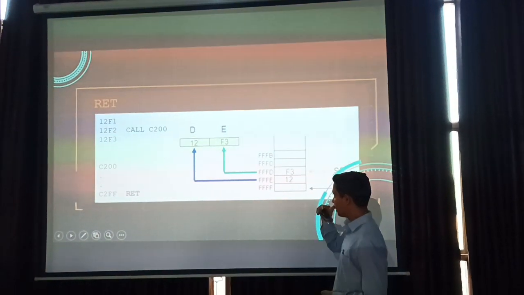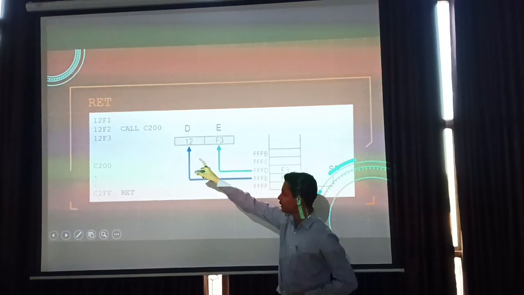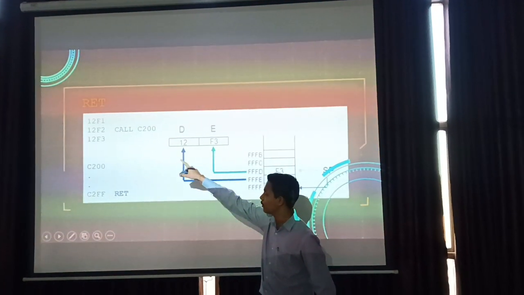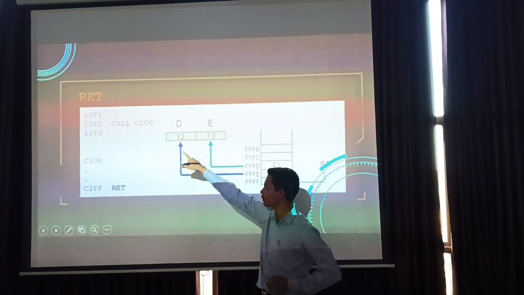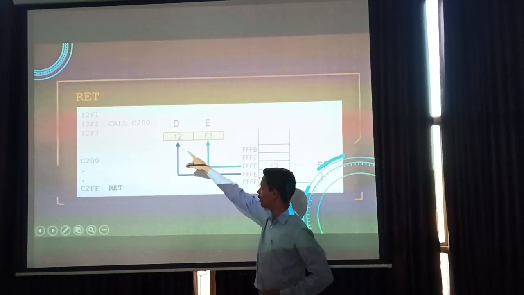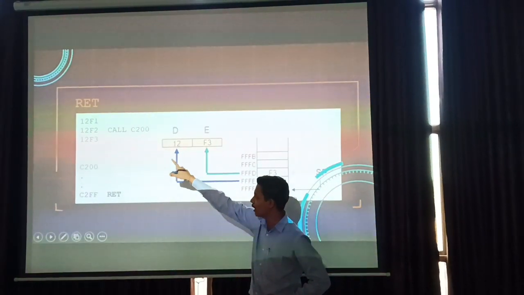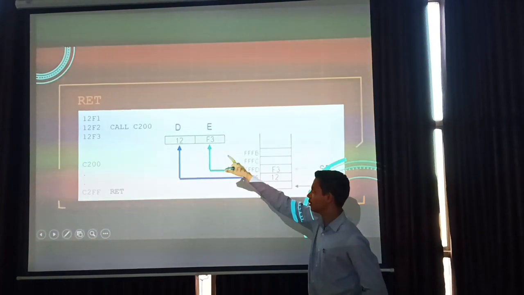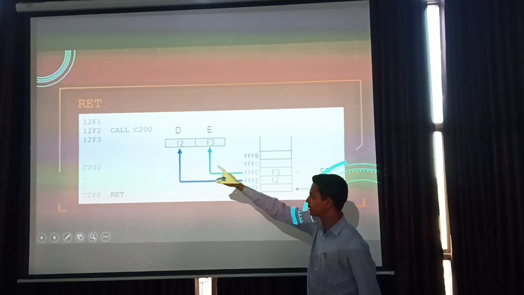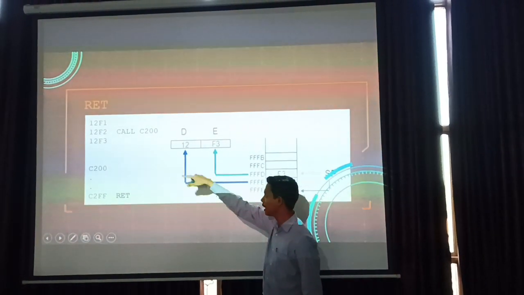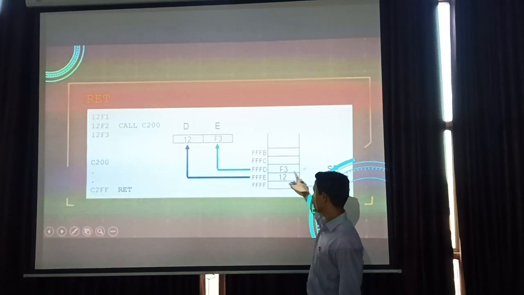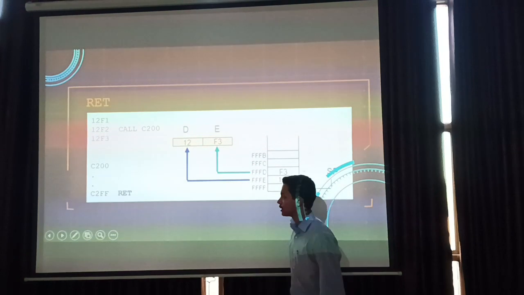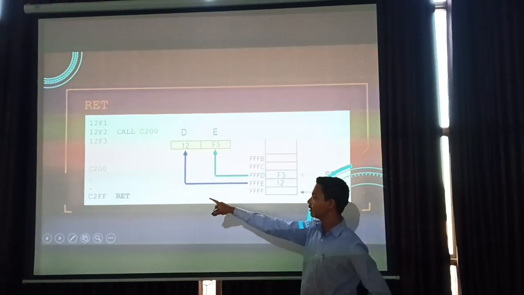As we see here, 1 F1 is the call instruction, and the flow goes from there to the subroutine at C200. The next memory location, 1 F3, is stored at the stack pointer. When we have executed the whole subroutine, we reach the return instruction.